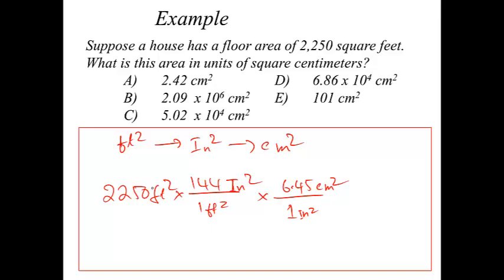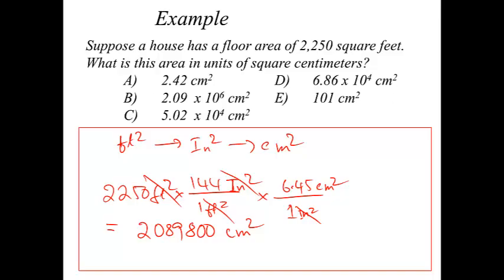Now you can cancel out feet square, inch square, and that will give you a value of 2,089,800 centimeter square.